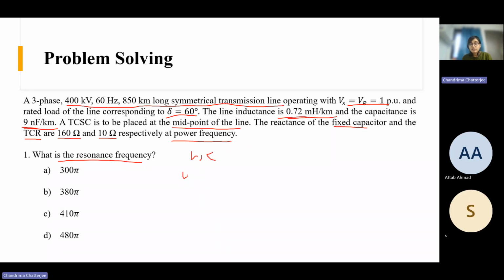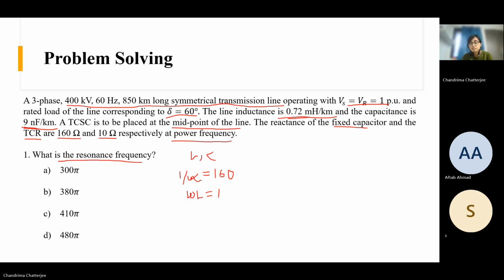So here omega L equal to 160 is given, and the reactance of the fixed capacitor is 160. So basically 1 by omega C equal to 160 and omega L is equal to 10.